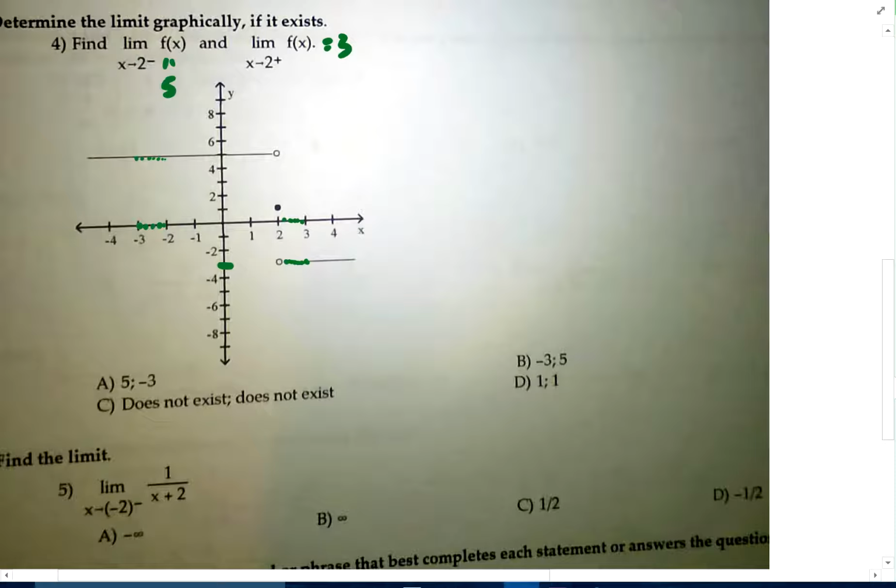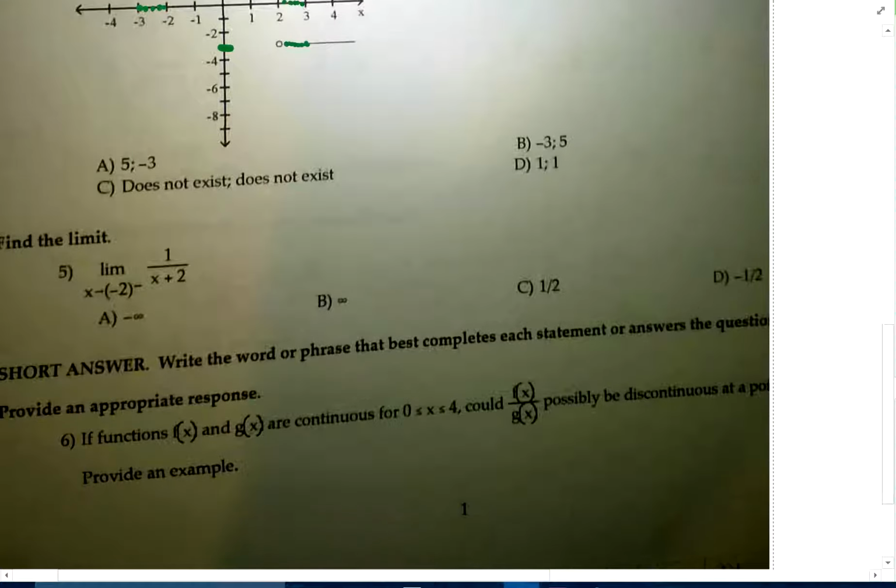So the limit as x approaches 2 of f of x itself would not exist because the left and the right don't equal each other. Alright, number 6.